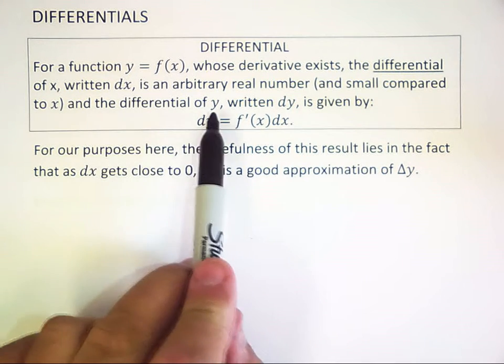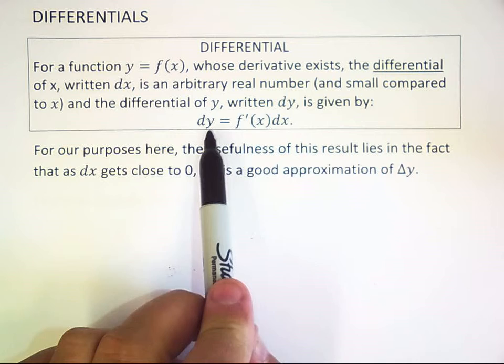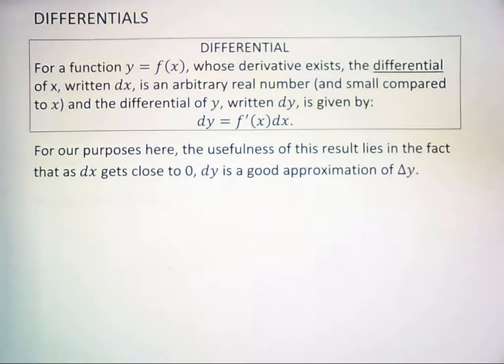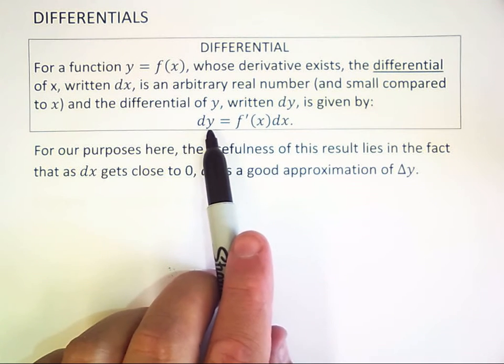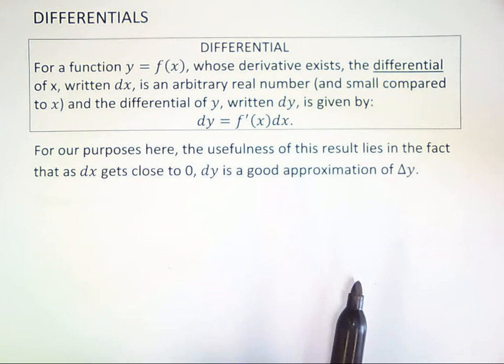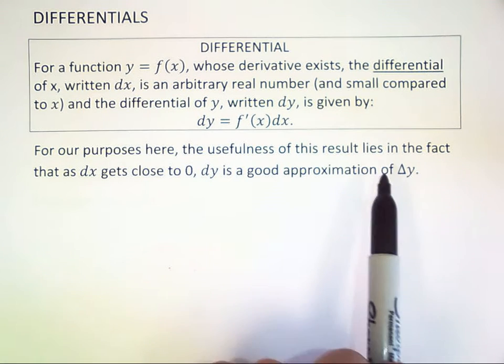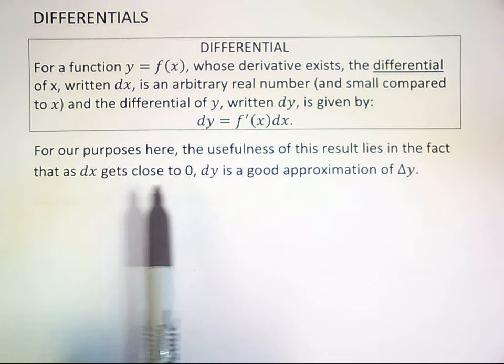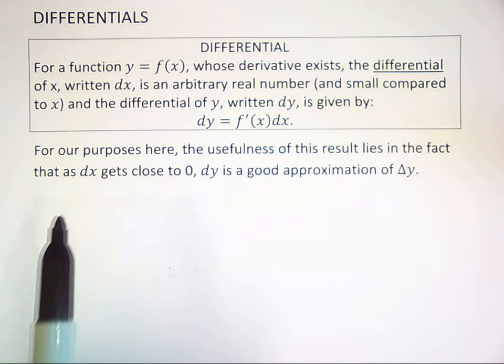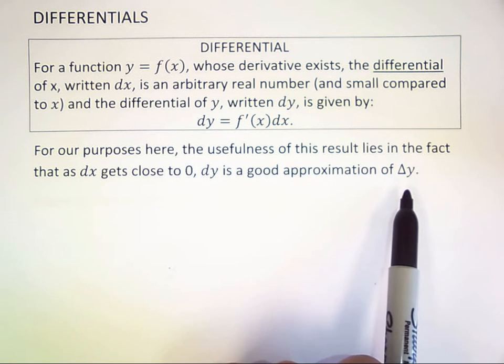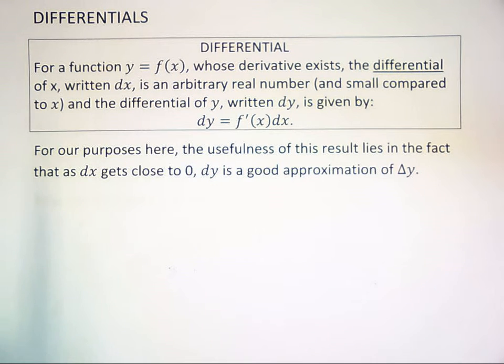And the differential of y, written dy, is given by this same equation I generated over here, namely dy equals f prime of x dx. And again, to emphasize, the usefulness of this result lies in the fact that as dx gets close to 0, in other words, as P and Q move closer to each other, dy is a good approximation of delta y.